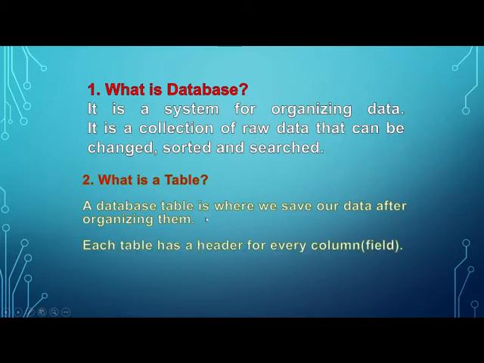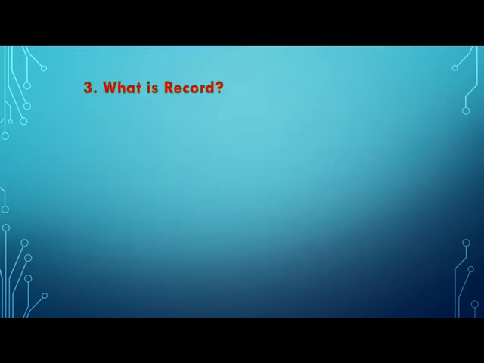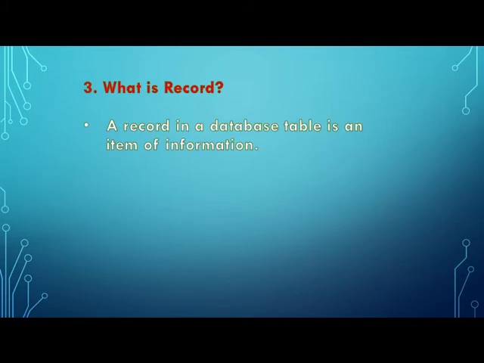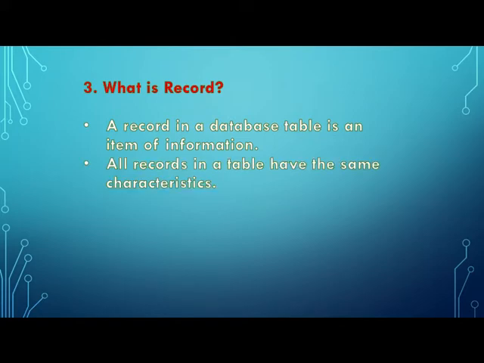Next, each table has a header for every column, which is called the field. I'll show you in practical in the next video. And next thing is, what is a record? A record in a database table is an item of information, and all records in the table have the same characteristics.